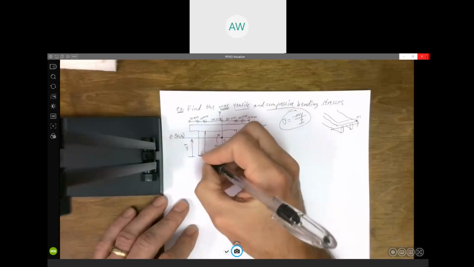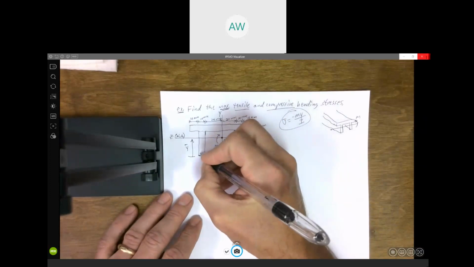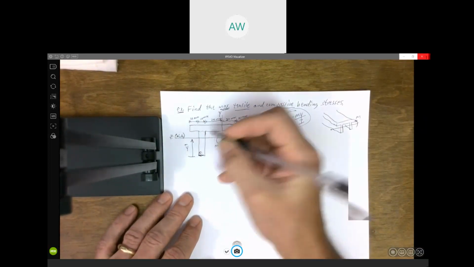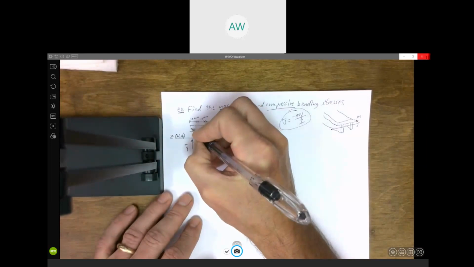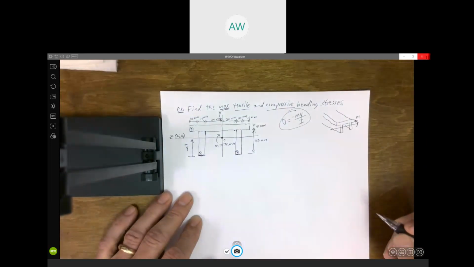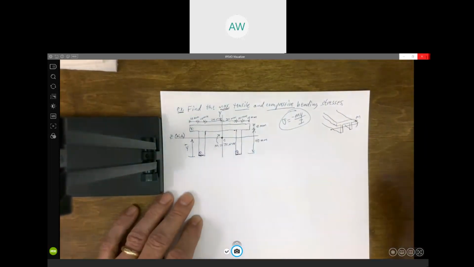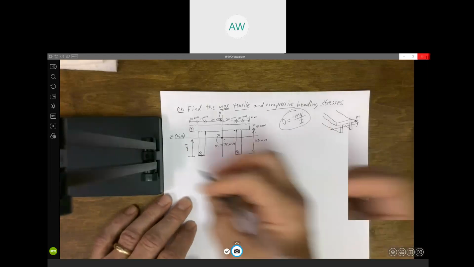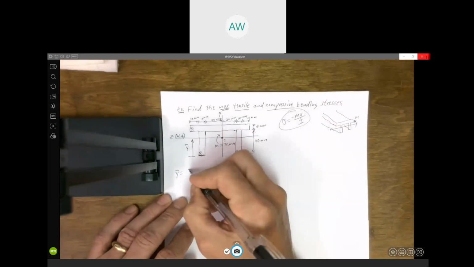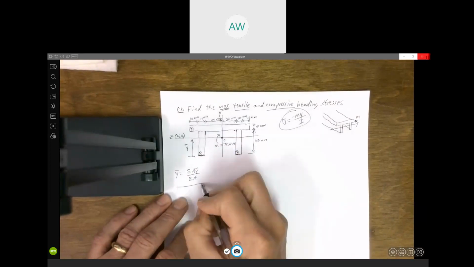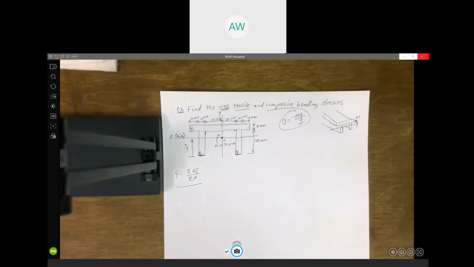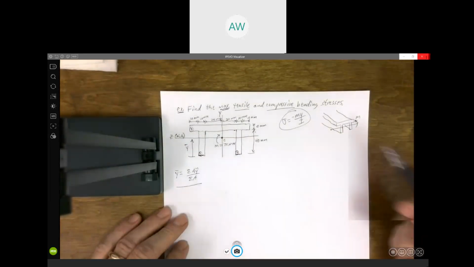So, for identification purposes, I'm going to call this rectangle 1, this rectangle 2, and the top up here rectangle 3. When we're calculating y bar, we need to know what the area of each piece is and where the centroid of each piece is located. That's what the y tilde is.